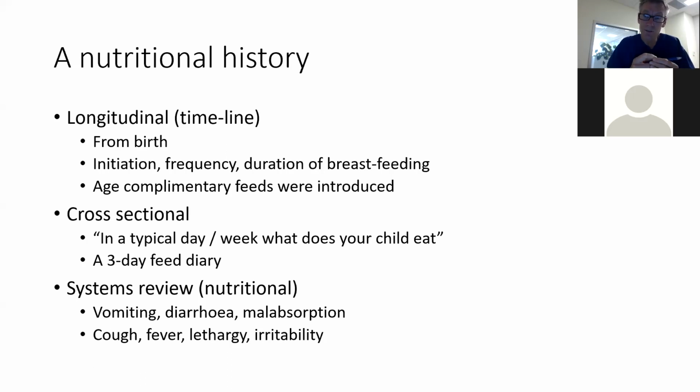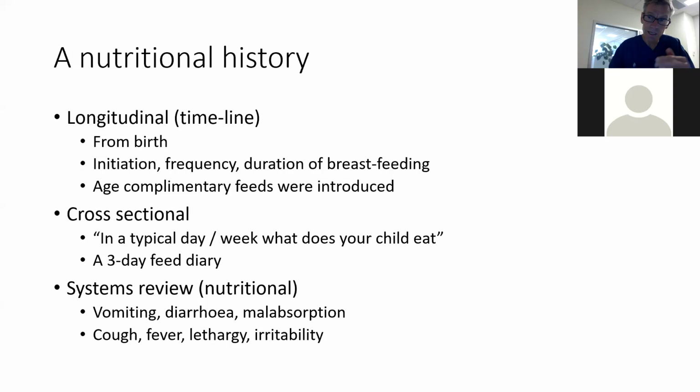So you need to ask about the initiation, the frequency and the duration of breastfeeding, and what the mother thinks about her own supply, for example. A whole range of issues around the initiation and the duration of breastfeeding that the baby's had, and then the age at which complementary feeds were introduced.